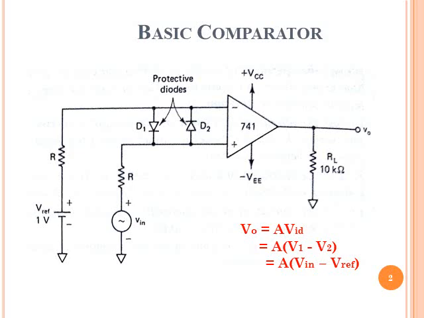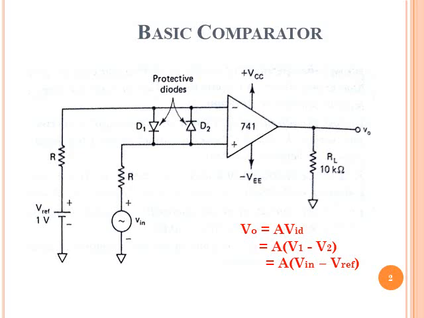Since we know the output of an open loop configuration is given by VO equals A times VID, and VID is the difference of the two input signals, V1 minus V2, where V1 is the non-inverting input terminal signal, that is V in, and V2 is the inverting terminal signal, that is V reference, the output voltage VO is A times (V in minus V reference).